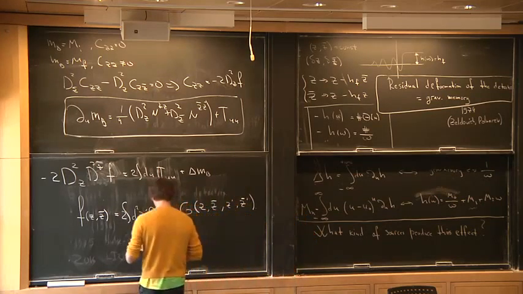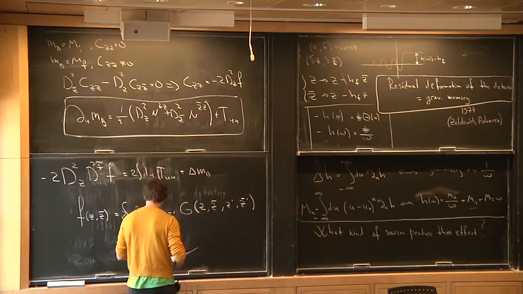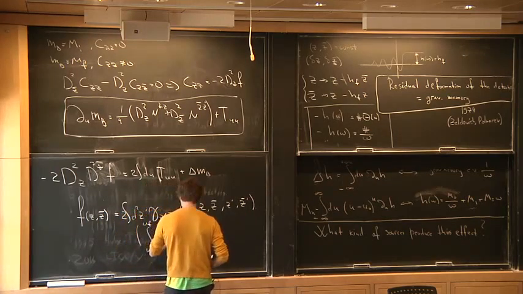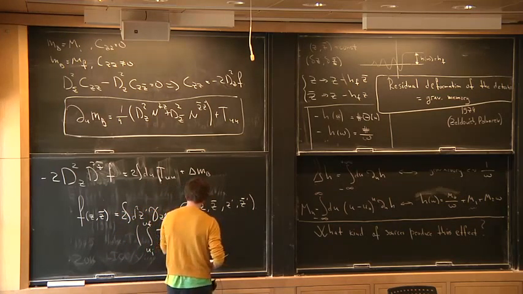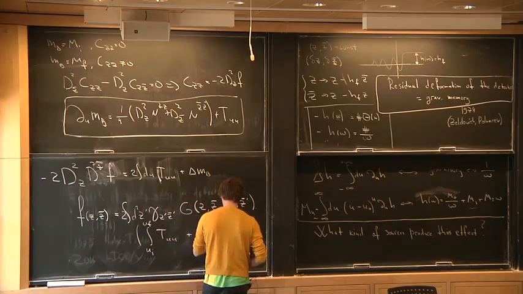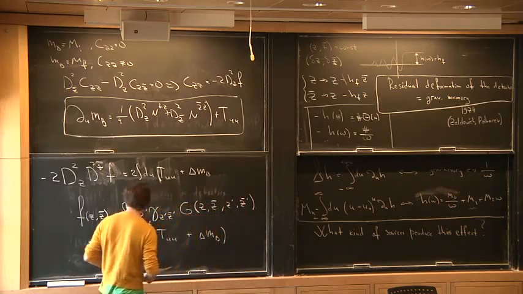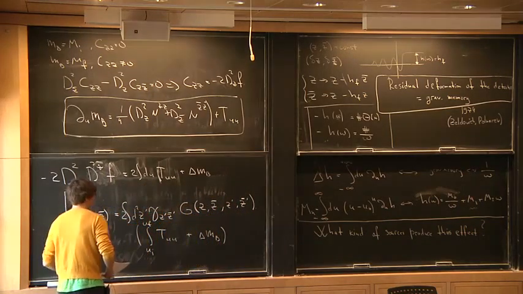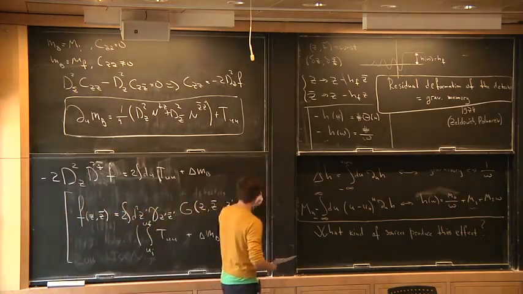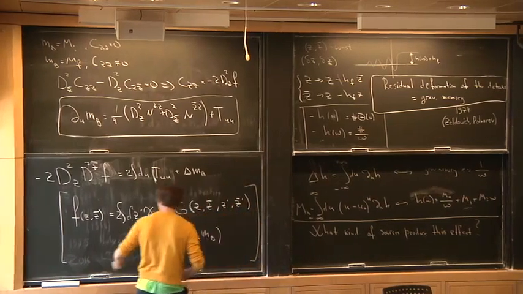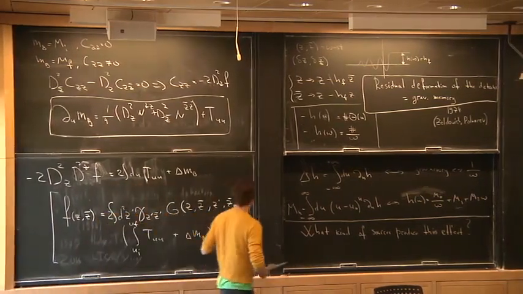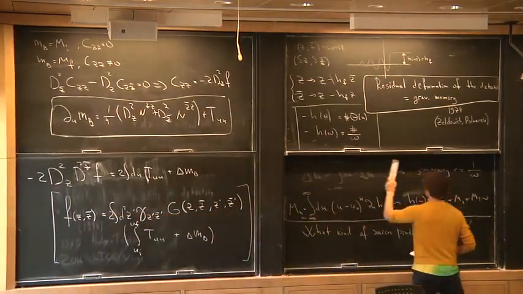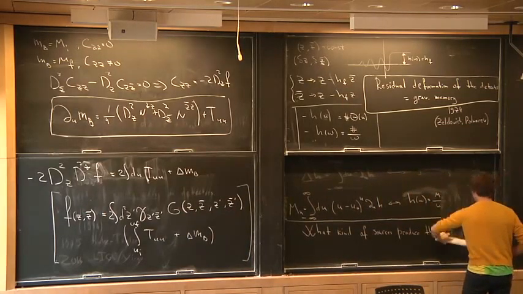And here we have an integral from initial time to final time over TUU plus delta MB. So that's a formula, and this kernel takes the following form.